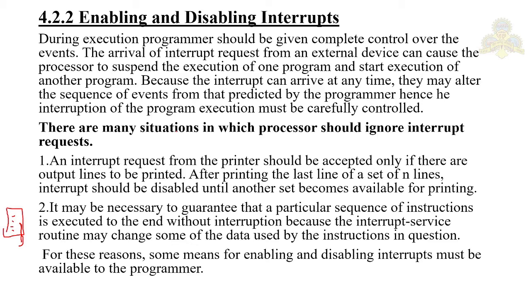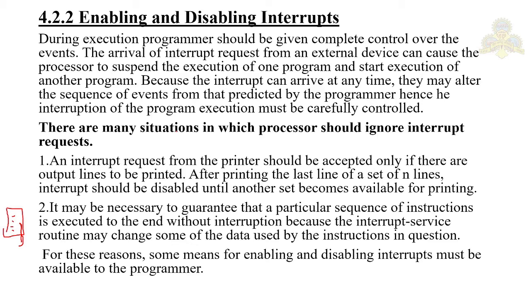Say the printer is now printing the output lines. Suppose the printer has 10 lines to be printed, and the 10th line is getting printed. Your processor has to check whether the printer has another set of 10 lines of characters or codes.